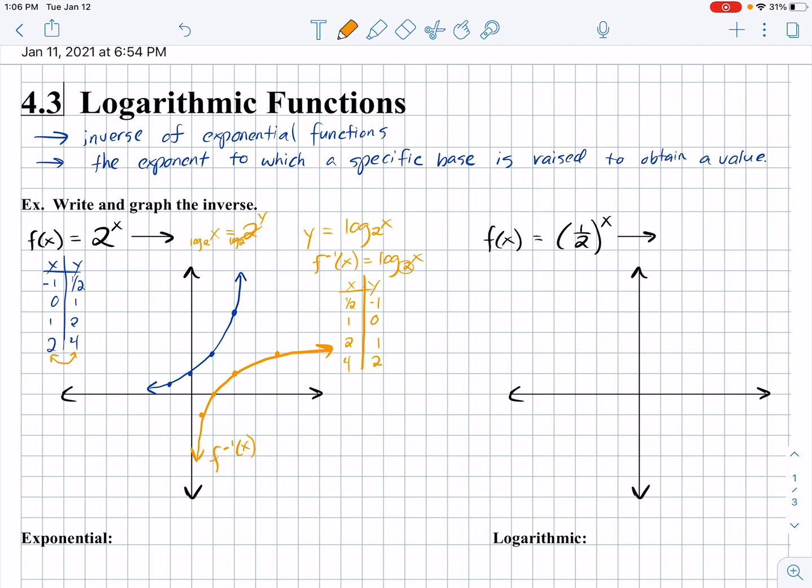So again, we'll switch x and y. x equals 1/2 to the power of y. Sorry, that would be 1/2 for this function. And then we would take log base 1/2 of both sides. And we get f^-1 of x equals log of x with a base 1/2.